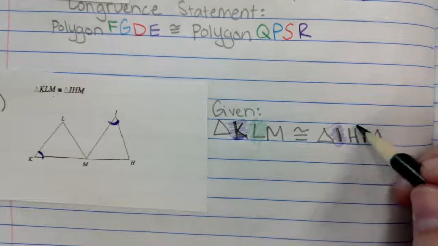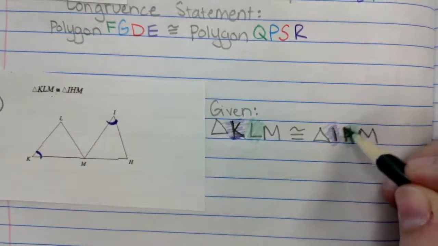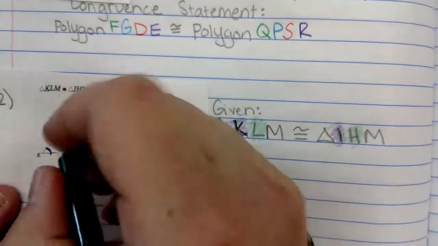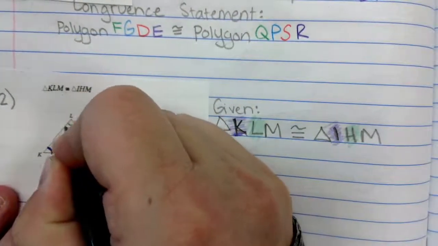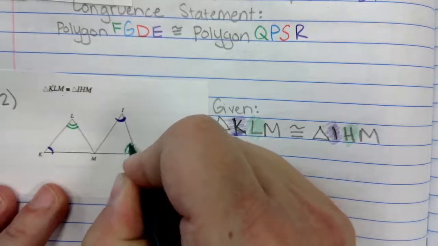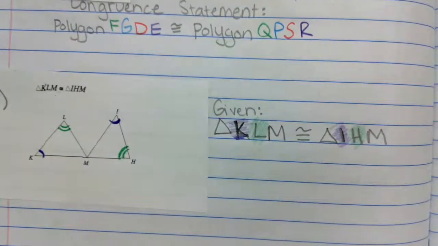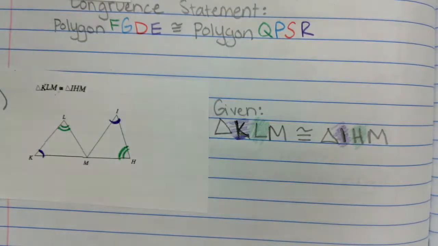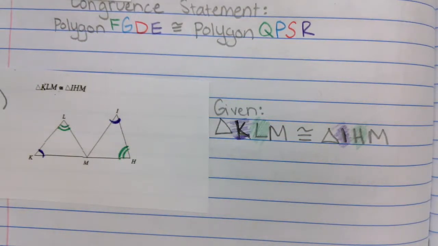H, because they're both in that second spot. So they're both going to get 2 arcs. We don't want just one arc. Why is it important we do 2 instead of just 1? Yeah, they're not congruent to the other one. So we have to make sure that we show that they're congruent just to each other.